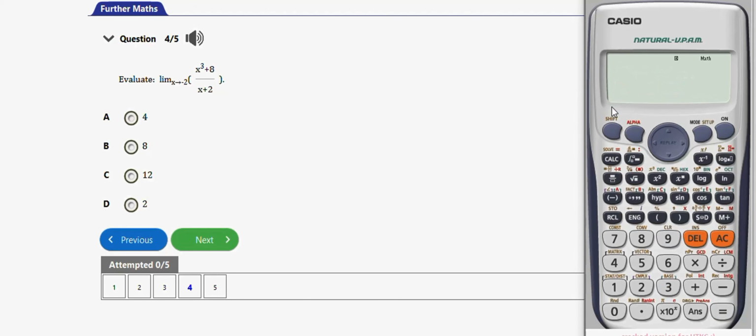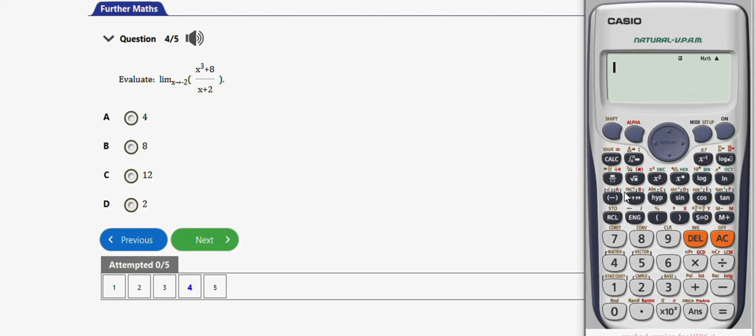Go back to radian mode. Radian is option 4. So this time around, add this constant 0.001 plus -2. All the output, store it as x, shift the store button x. So it's now stored, good to go.